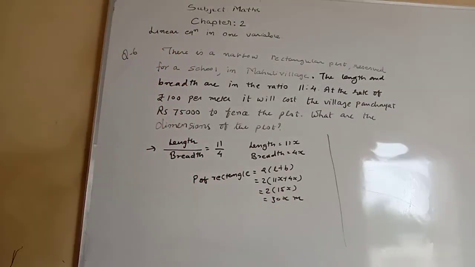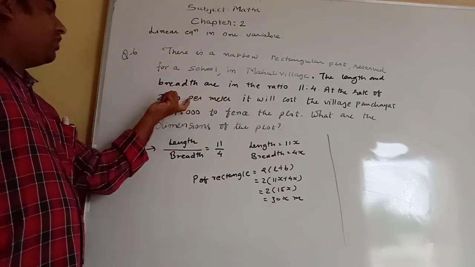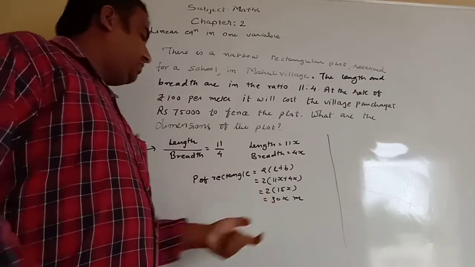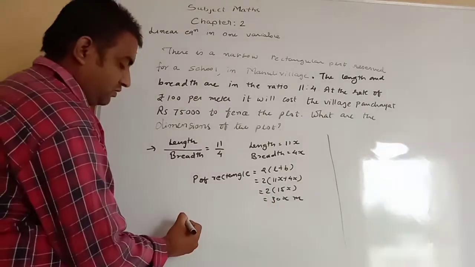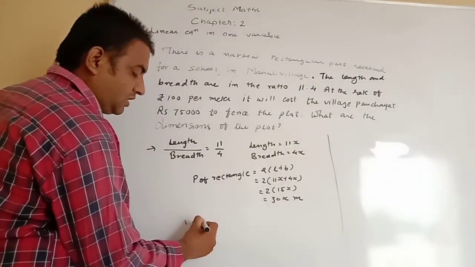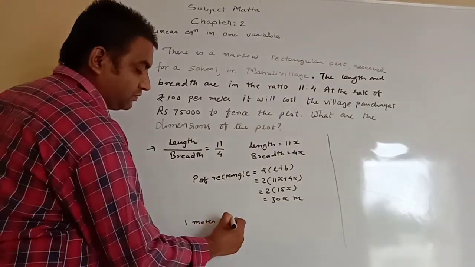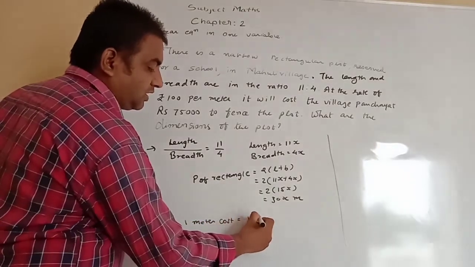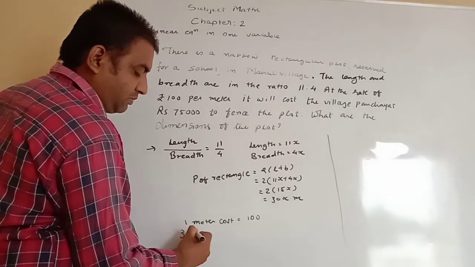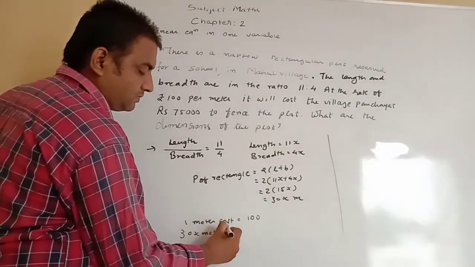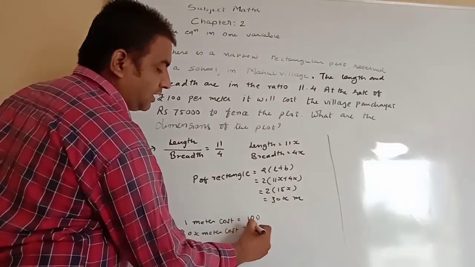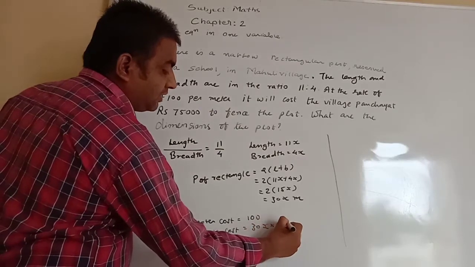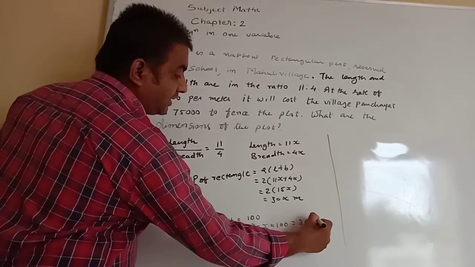Now we are given the per meter cost is 100. So we have 30x meters. So 1 meter costs rupees 100, and 30x meters cost 30x into 100, that is 3000x.